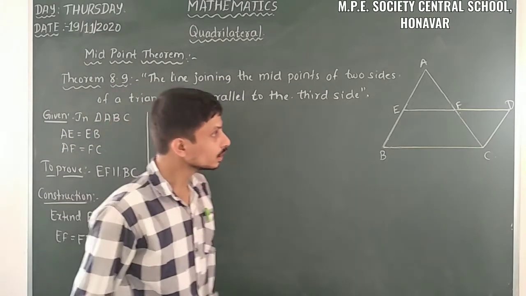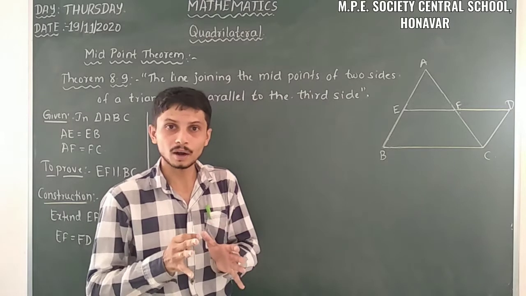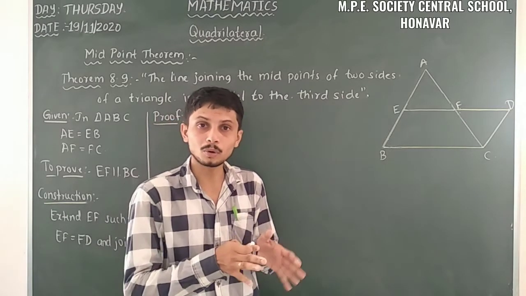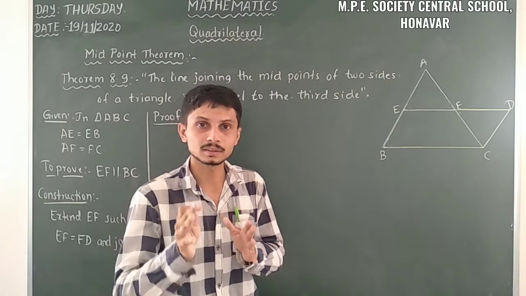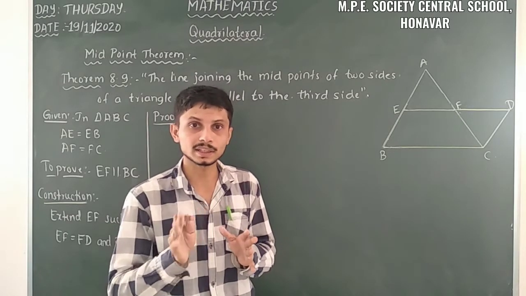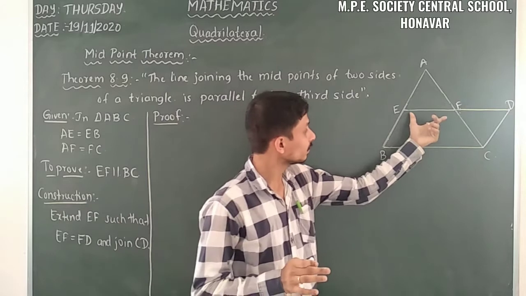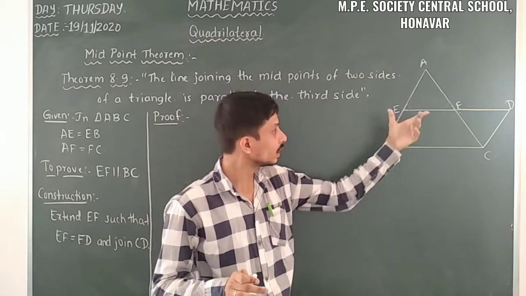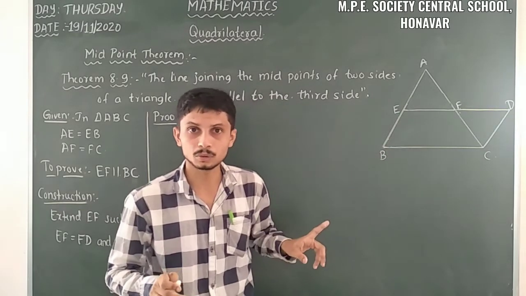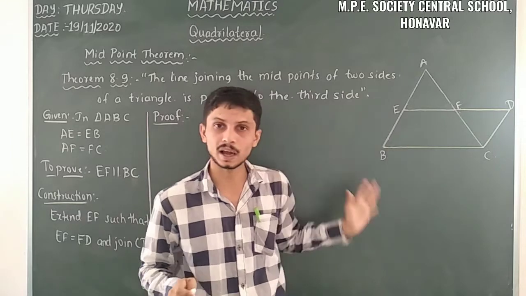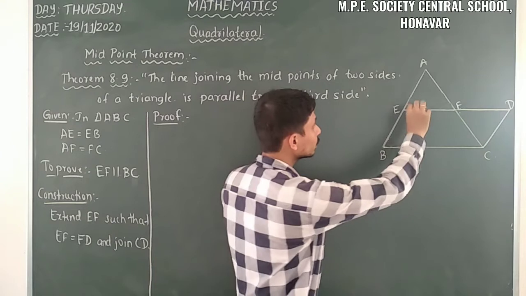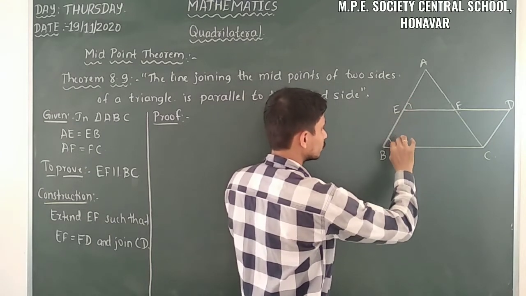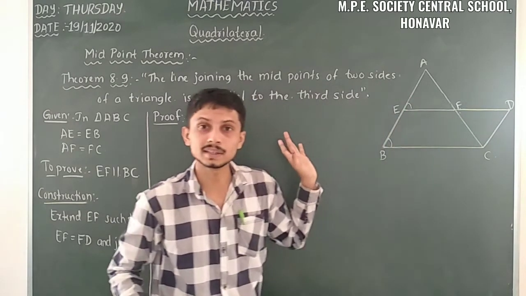Here just observe. Already we know about it; before this theorem, I gave you some hints. If EF is parallel to BC, then EF is half of BC. We also know that EF is half of BC. Another thing we have to prove is that these two angles are equal.